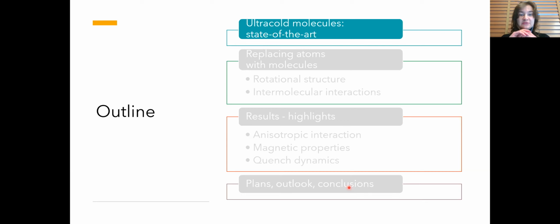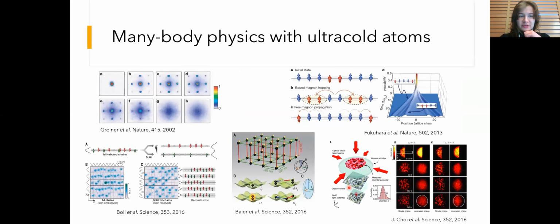so let's start with the state of the art and our motivation. We all probably know that ultracold atoms in optical lattices have already proven to be a very versatile tool in quantum many-body physics. With ultracold atoms, we were able to experimentally study the quantum transition between the superfluid phase and the Mott insulator, or study magnons that appear there.